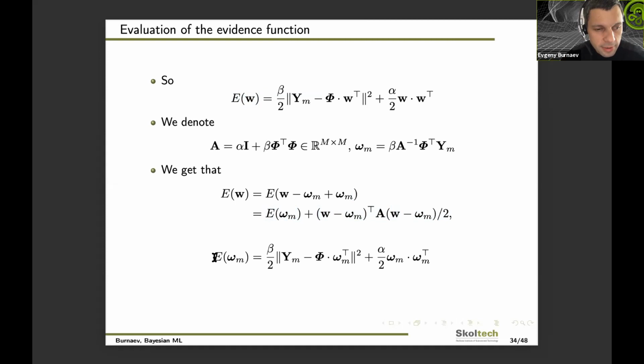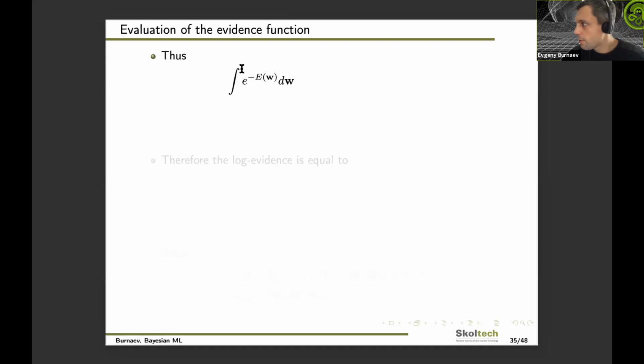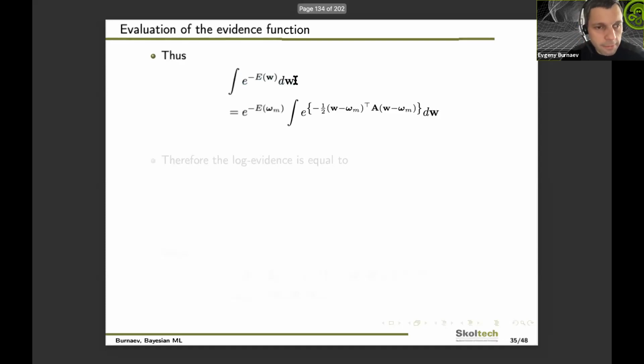This is the value of the quadratic form here, given by the same expression as here. The only difference is that instead of W, I use this posterior mean. So now this integral is given by this expression, because this term doesn't depend on W, so I take it out of the integral.